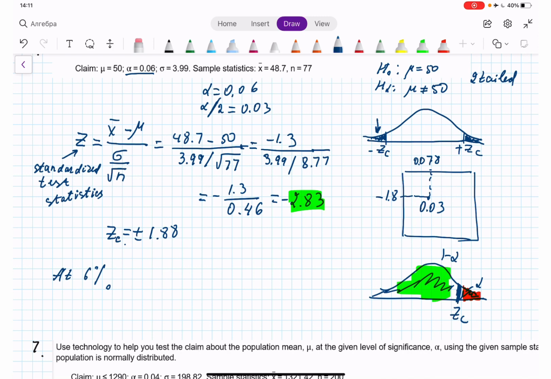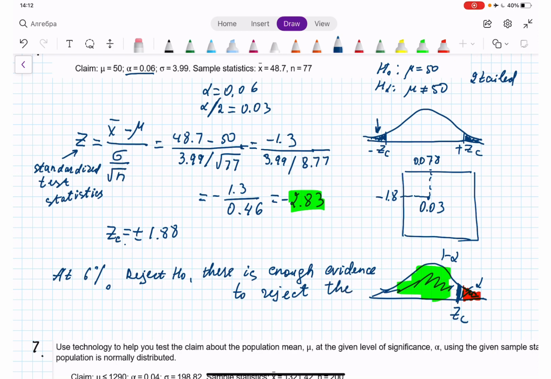Therefore, at the 6% significance level, we reject the null hypothesis, and we can say that there is enough evidence to reject the claim, because the claim is the null hypothesis, right?